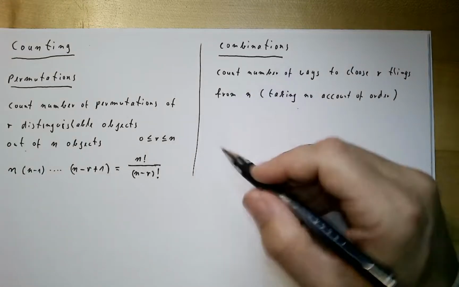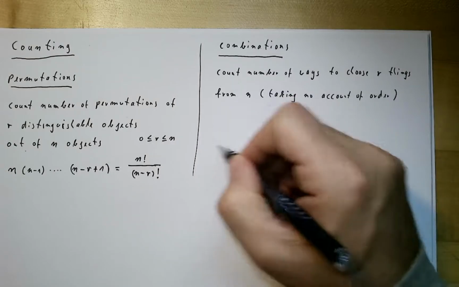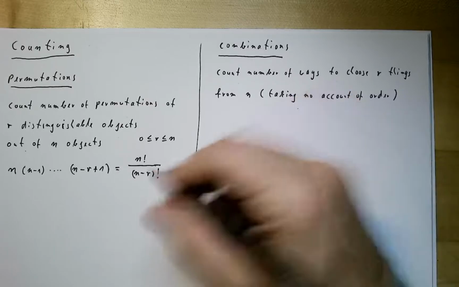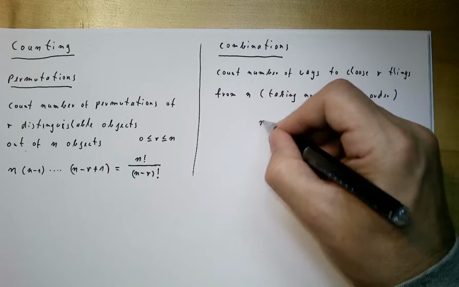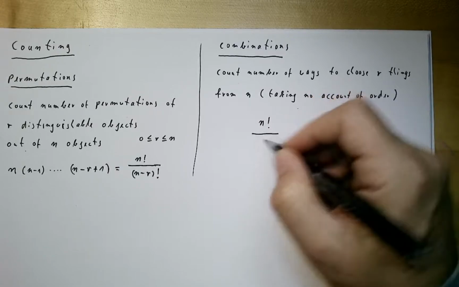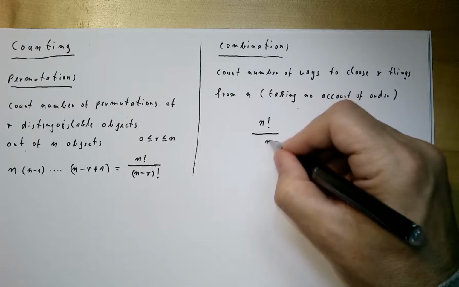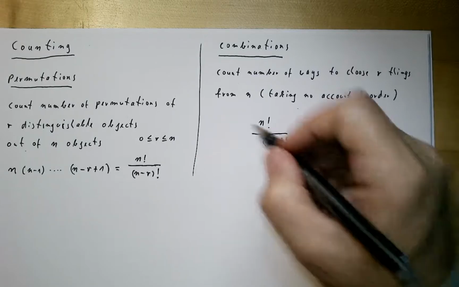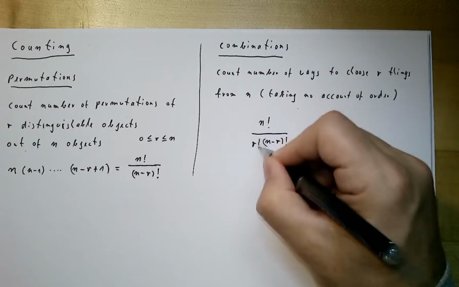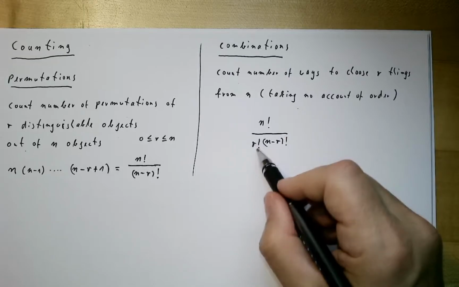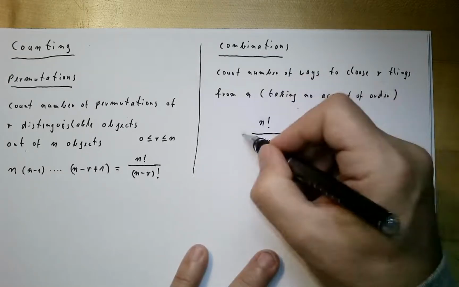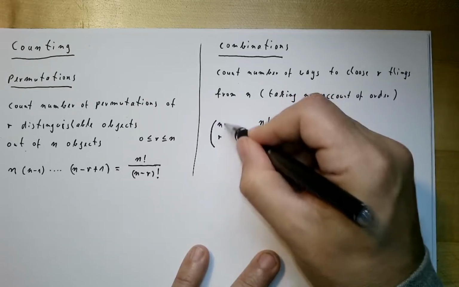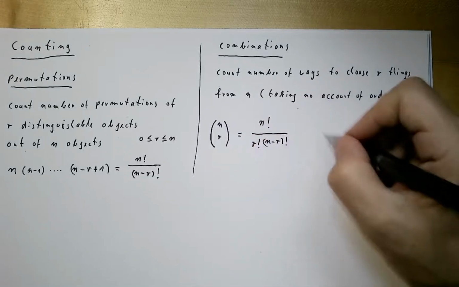With the combinations we don't care for the order, and so we obtain something. We have again n factorial divided by n minus r factorial, but now since the order is not important anymore, we must divide this here by r factorial, and this combination appears so often, it has this certain symbol n over r, the binomial coefficient.